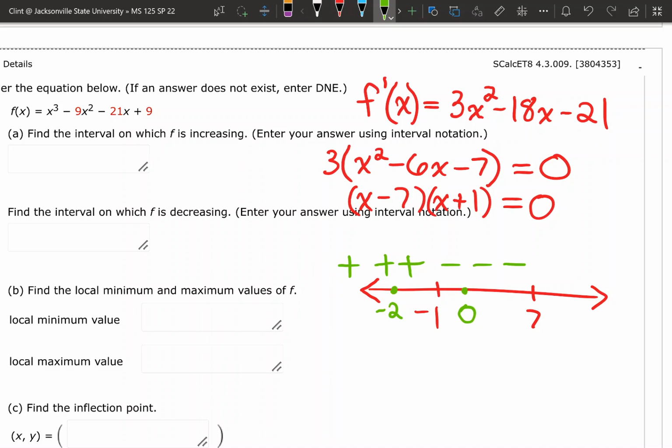This will be 0, this will be 0, and we'll have -21. So it's negative there. Then we need something bigger than 7. 8. Okay. So if we try 8, I think the fastest place is in the factored form, so it'll be +1 times +9. That'll be positive.